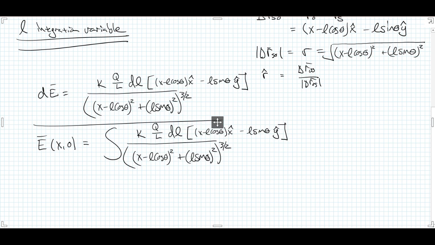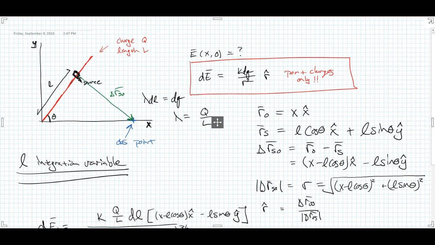I've got the integral with respect to L, so I've got my dL right in here, and sometimes we'll make the mathematicians happy and put the dL on the outside, so everything in between the integral sign and dL is the integrand. And the limits of integration are whatever L has to be in order for me to be looking at the bottom side of the charge distribution and then the top side of the charge distribution.